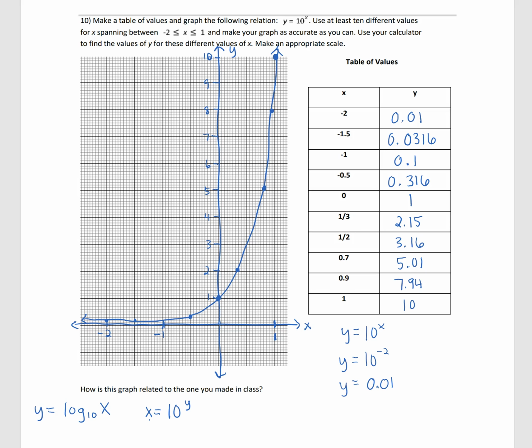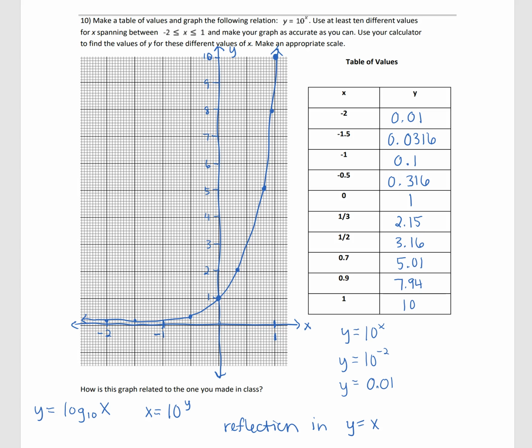Essentially this means that our functions are reflections of each other in the line y equals x. So these graphs are related. They're reflections in the line y equals x, which kind of goes right up the middle.